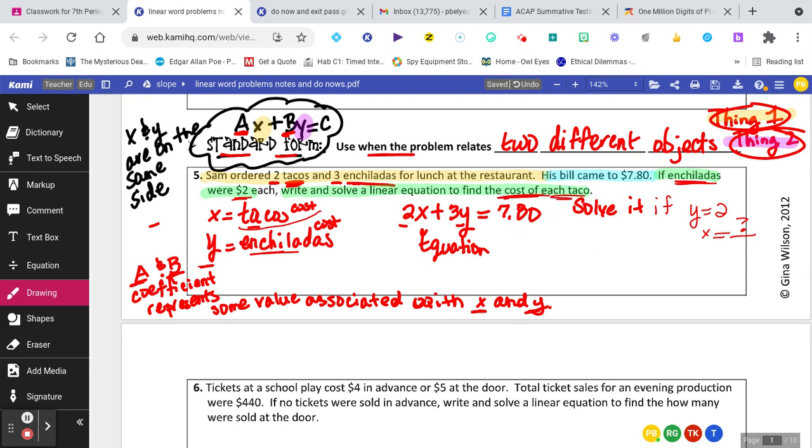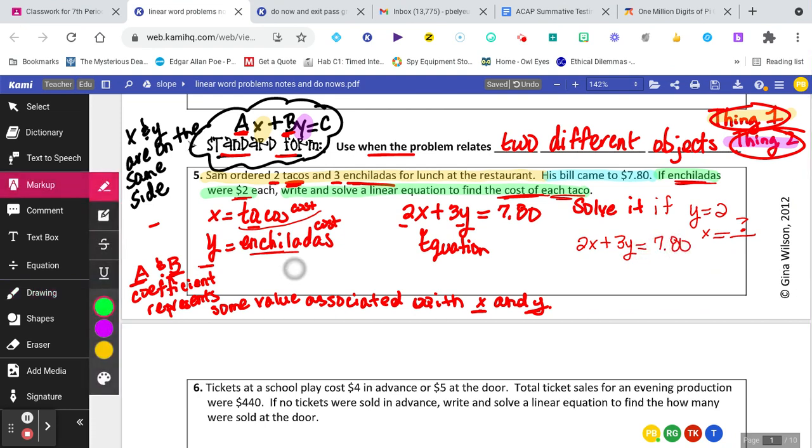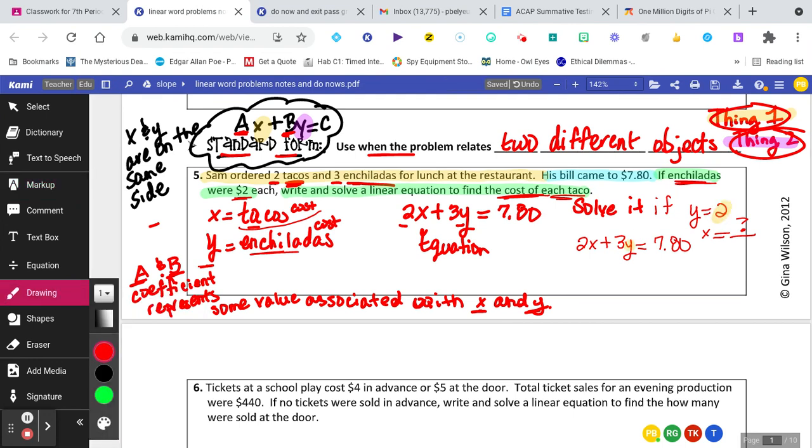So I'm going to write 2x plus 3y equals $7.80. I'm going to change my y to the number 2. So I have 2x plus 3 times 2 equals $7.80. Well, 3 times 2 is 6. Now all I need to do is get rid of the 6. It's a basic two-step equation.